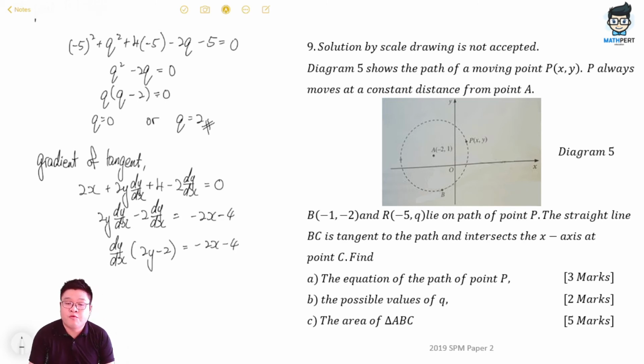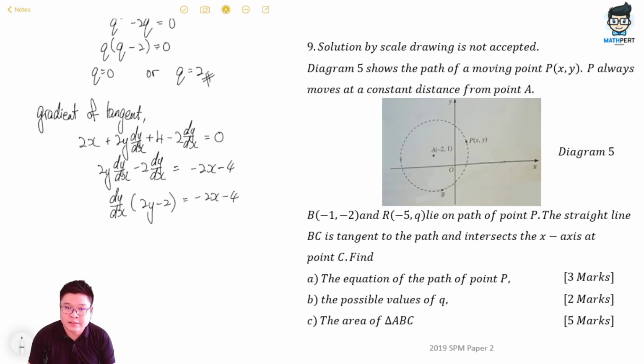Then we move 2y minus 2 to the right-hand side. And then what do we get? dy/dx is equal to minus 2x minus 4 over 2y minus 2. So this is the gradient of the tangent for the circle, for the path of point P.